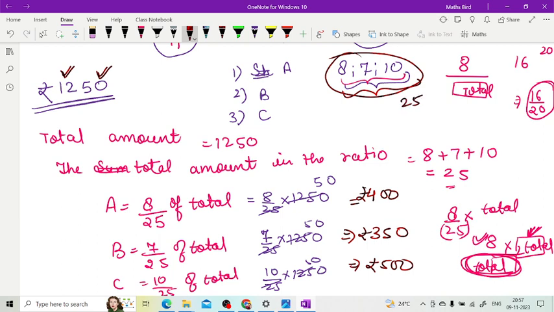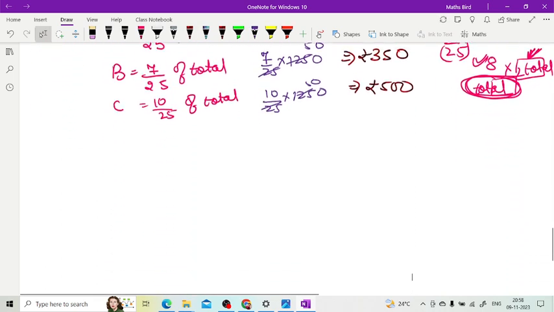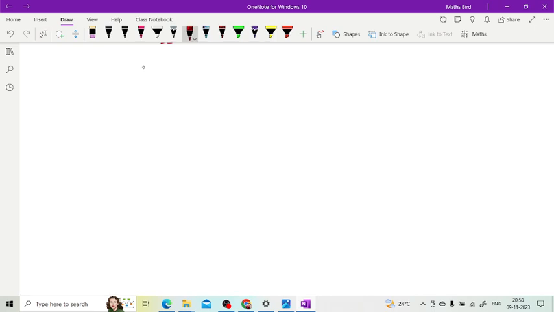Right? We have one more method to solve the question. See, in the ratio form the total is 25, but in the money form the total is 1250. So the value of 25 ratio is equal to 1250.